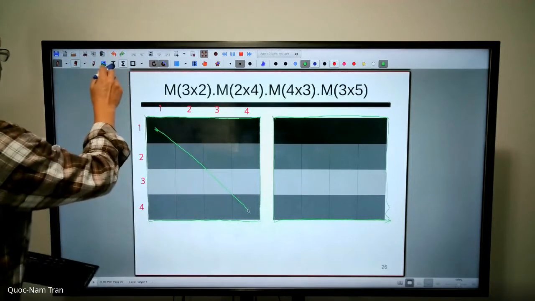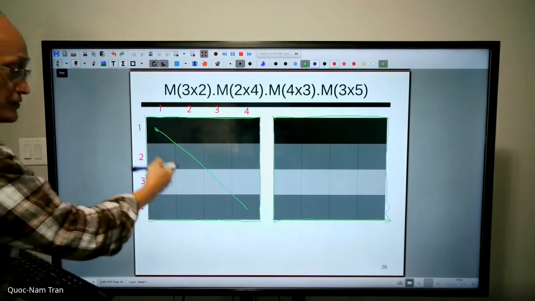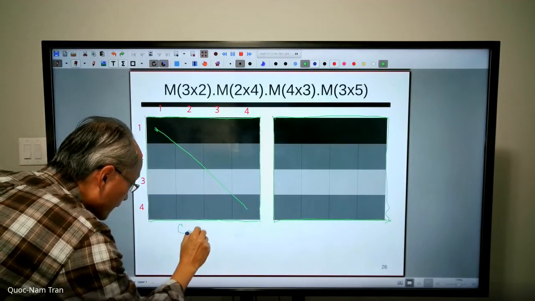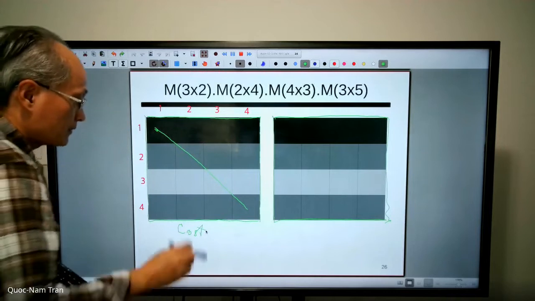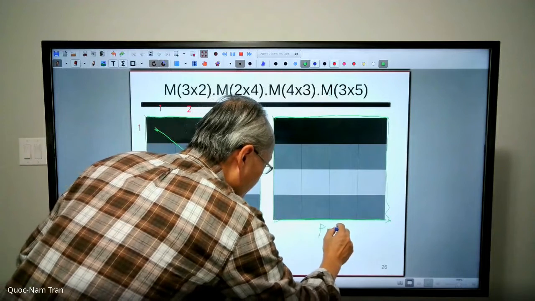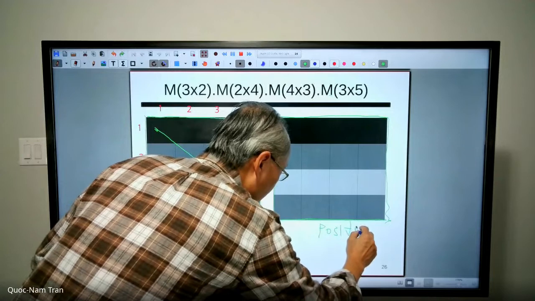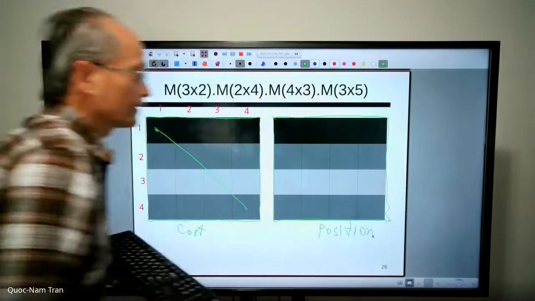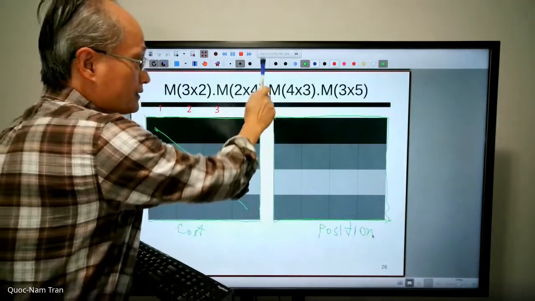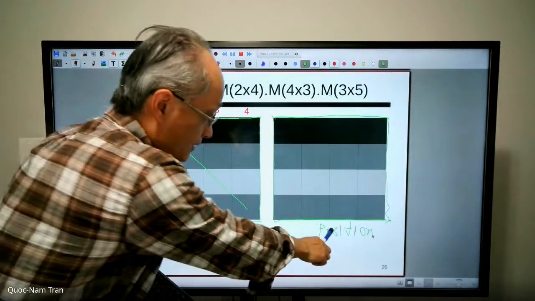I call it the cost table. And then here is the position. I will record the place where I break the sequence. Here is the cost, and here is the position.